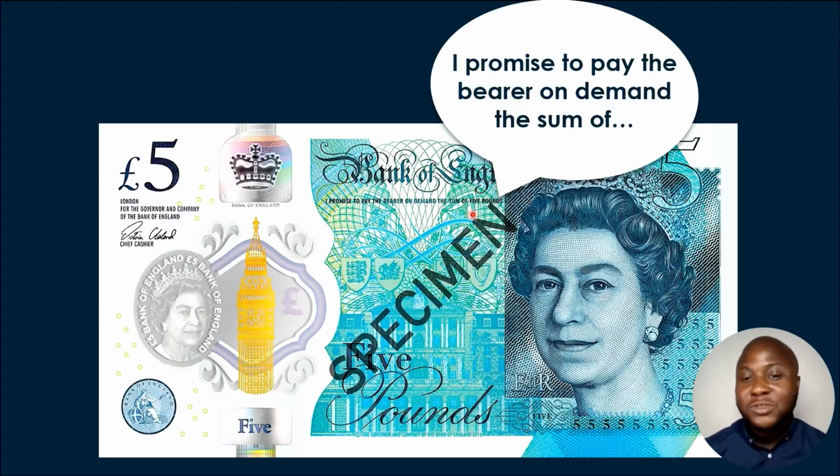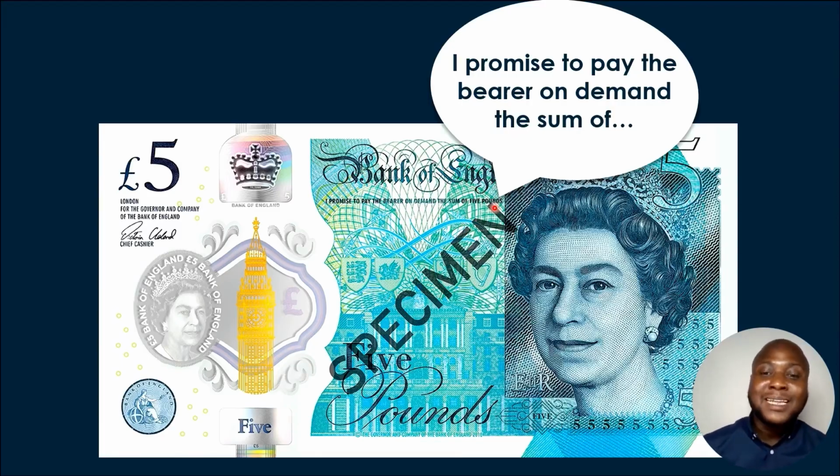Anytime you hold that money and take it to the market, to the superstore, to the shopping mall, wherever, even to pay for rent or anything, the liability is sitting with the Bank of England, such that even if they release a new currency, you can still take that money to the Bank of England to get fresh or new currencies.